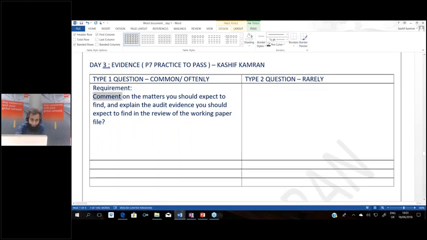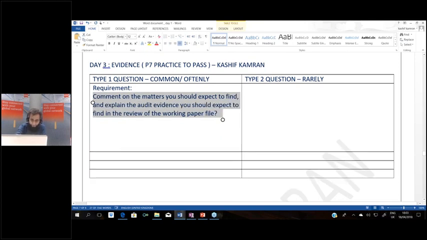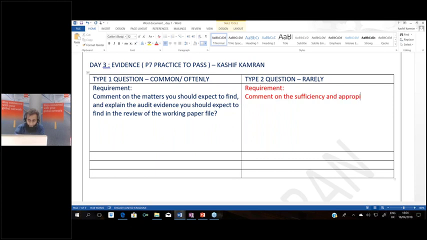Now, the second type of question which comes in P7 is different. The second type of question which comes in P7 is: comment on the sufficiency and appropriateness of the audit evidence obtained by the team?